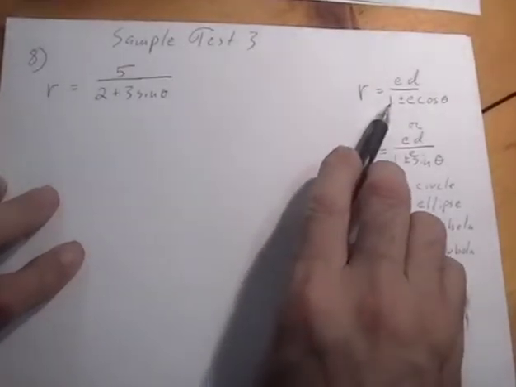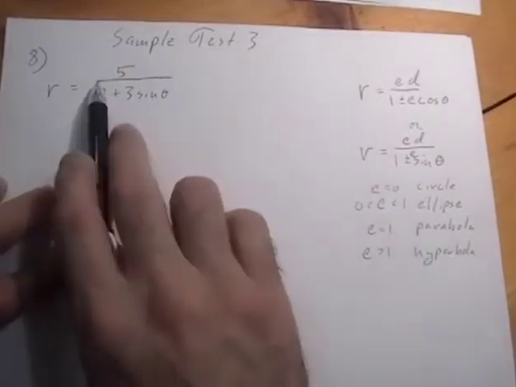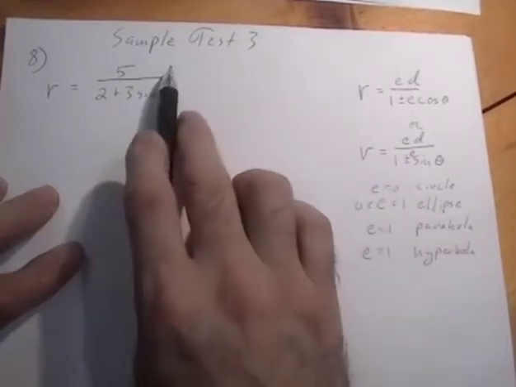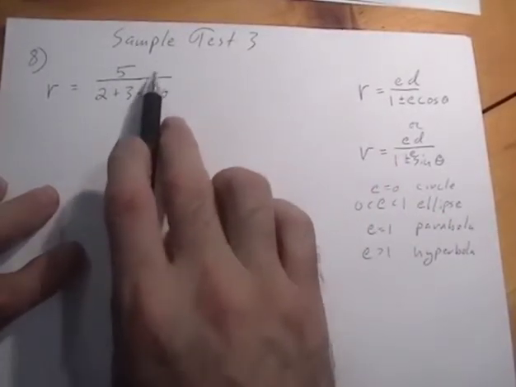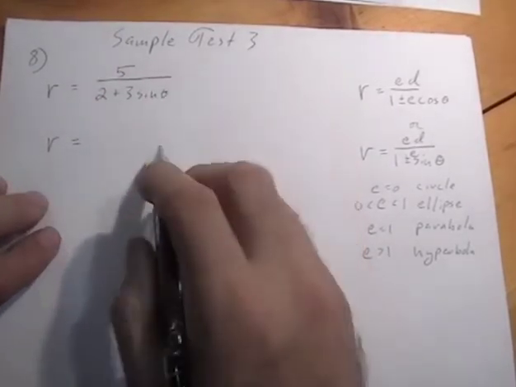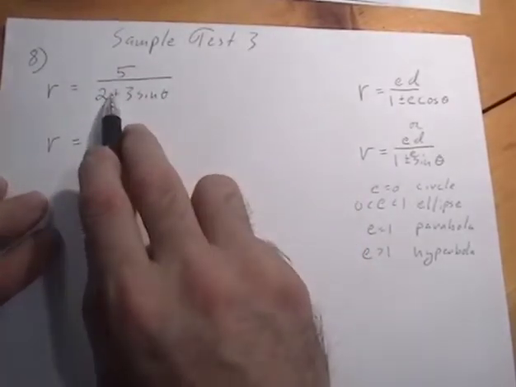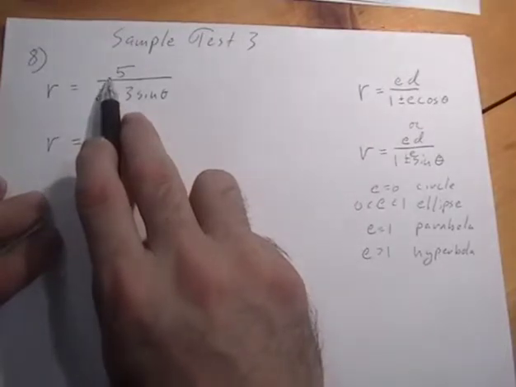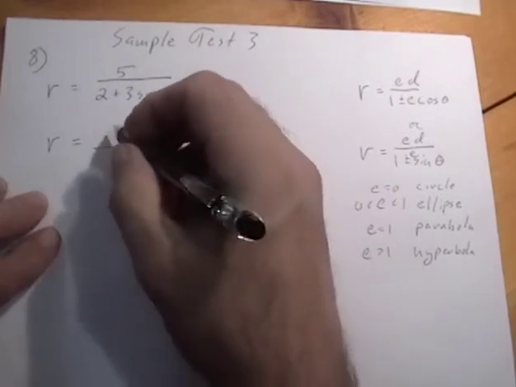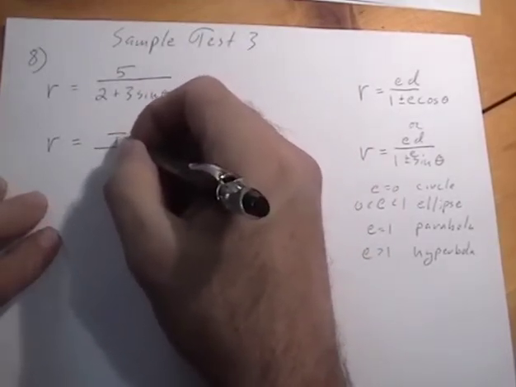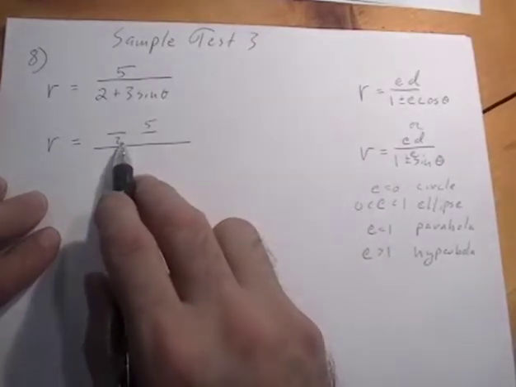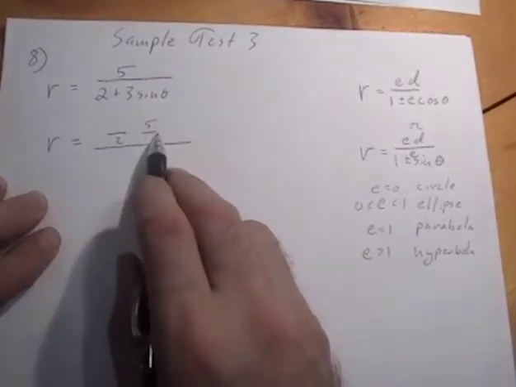The first thing I'm going to go after is making this term here a 1. So I'm going to divide top and bottom by 2. There's a trick that I use which is sometimes helpful, and in this case it is. On the top, I'm going to write my terms this way.